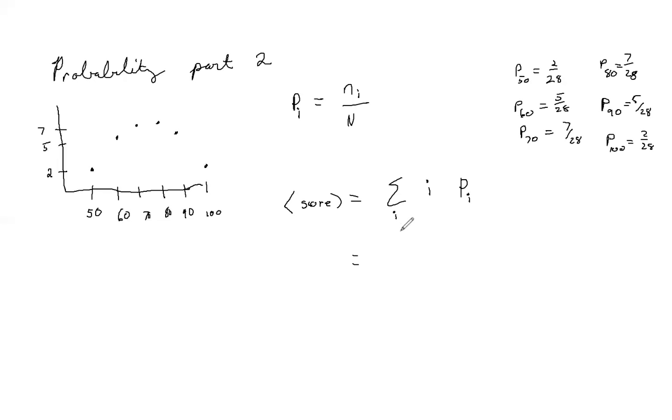Okay, and so from the graph we can see it's a symmetric distribution. The average score is going to be right in the middle, so the average is going to be 75.